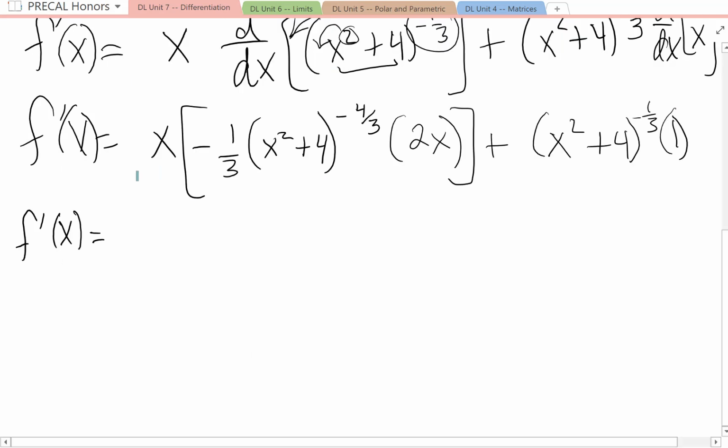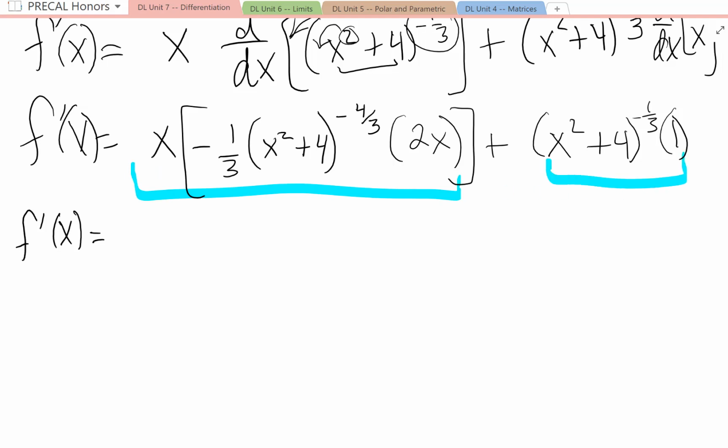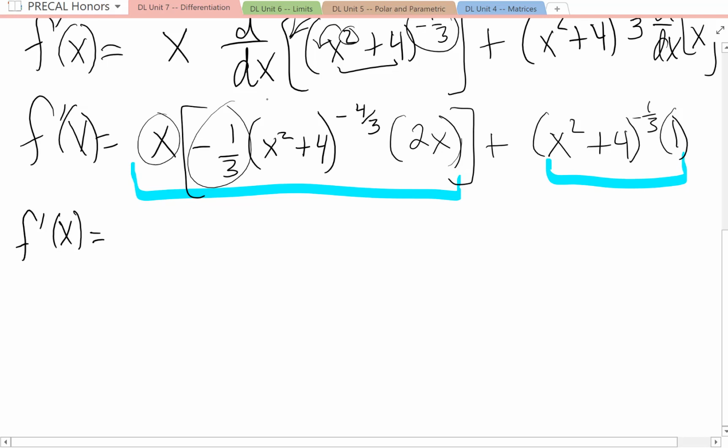Again, we have two terms, this product plus this product. Go ahead and simplify each of the two terms. So we have 2x times x times negative 1/3. That would be negative 2/3 times x squared times the quantity x squared plus 4 to the negative 4/3.